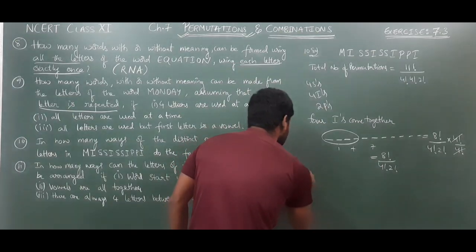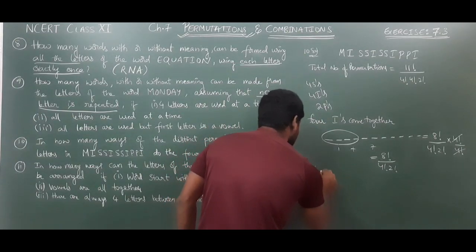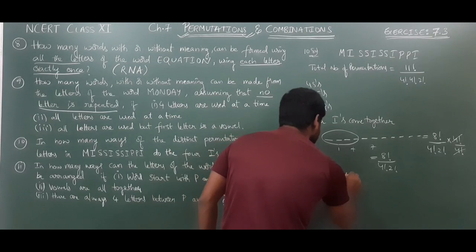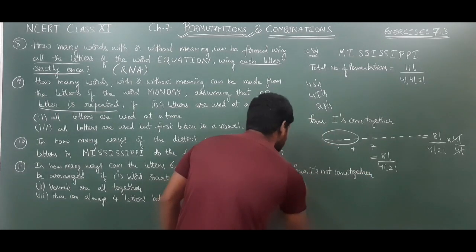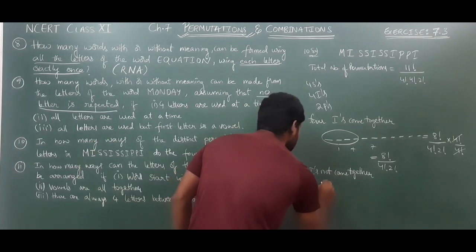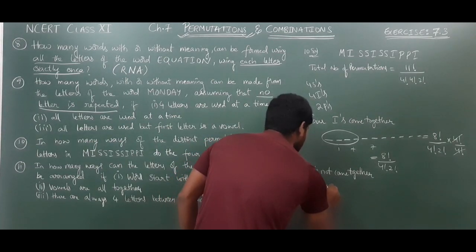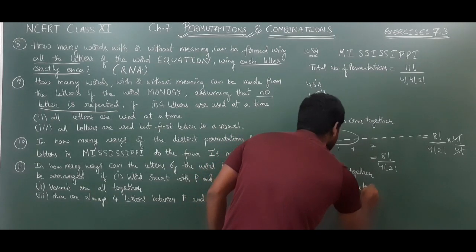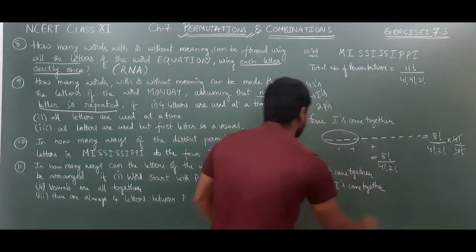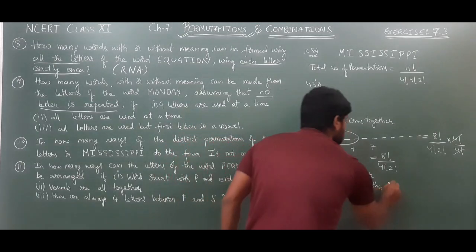Now finally, 4 I's not coming together is equal to total minus 4 I's coming together. Understood? What is total?